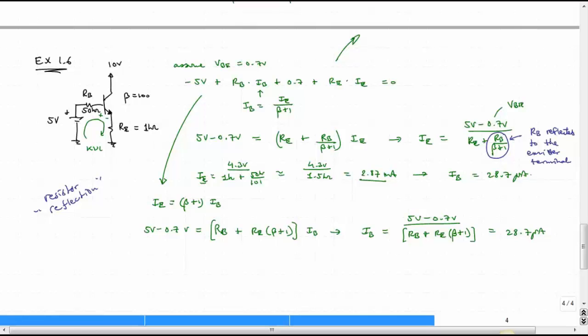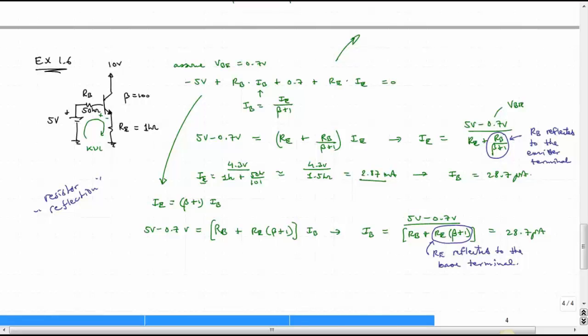And in this second case, where we're solving for base current, we have the emitter resistor reflected to the base terminal, or base side. And so it becomes really easy to solve these biasing problems, even when you have resistance both in the base and the emitter.